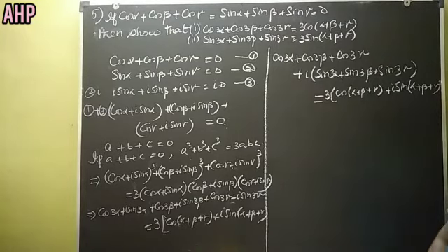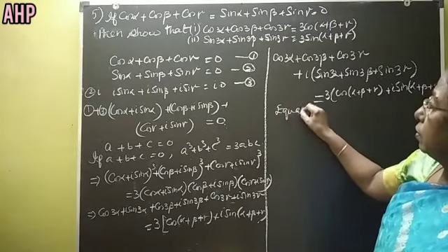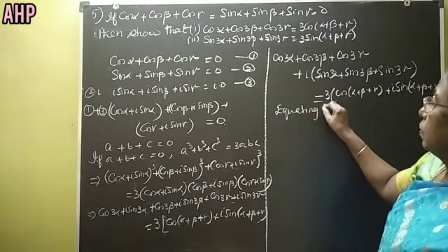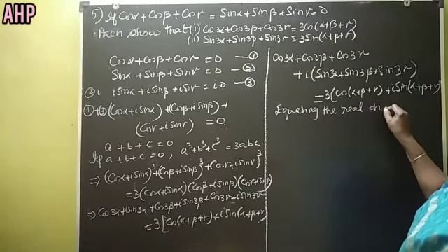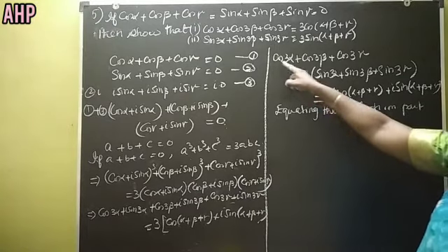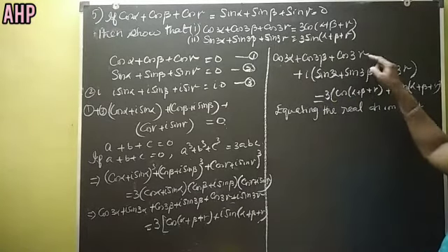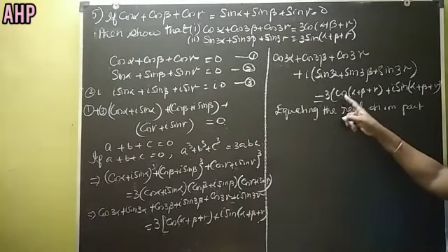Now equating the real and imaginary part. What do we get? Cos 3 alpha plus cos 3 beta plus cos 3 gamma is the real part, and here 3 cos of alpha plus beta plus gamma is the real part.